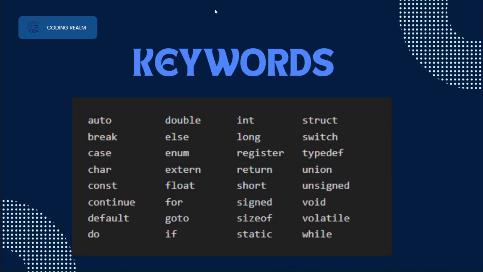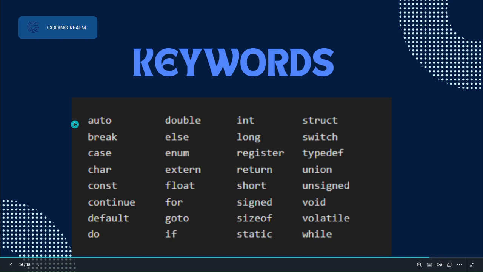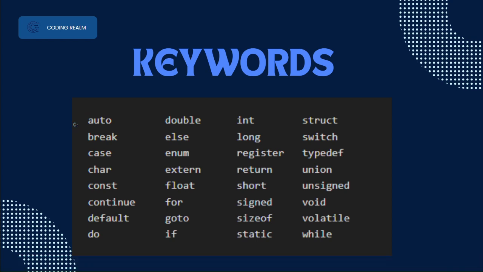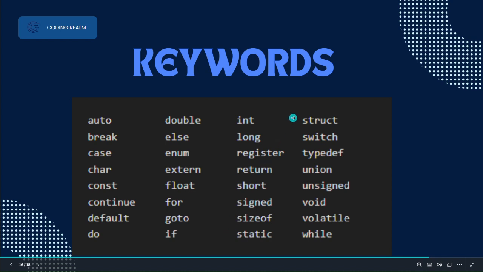Now let's see the keywords in the C programming language. These are the keywords in C: auto, break, case, char, const, continue, default, do, double, else, enum, extern, float, for, goto, if, int, long, register, return, short, signed, sizeof, static, switch, typedef, union, void, while, volatile.